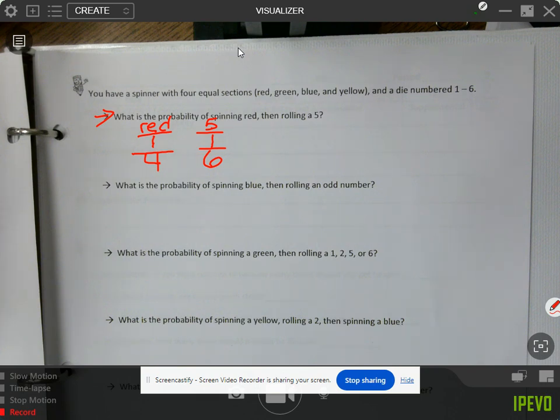There's 1 5 out of 6 numbers. What's my next step? I multiply. So 1 times 1 is 1. 4 times 6 is 24. So now I need to do what? Divide. And I get 0.04. And that is 4%.